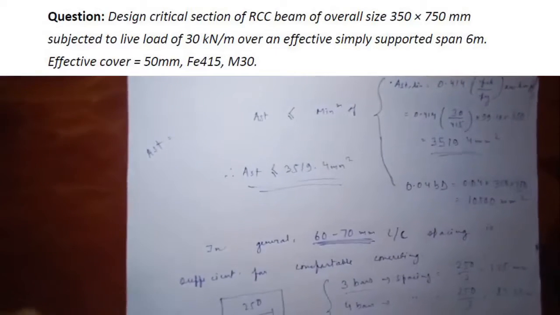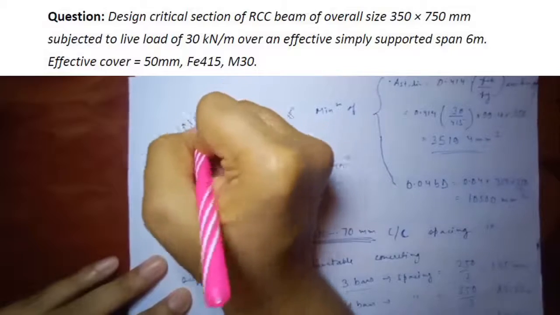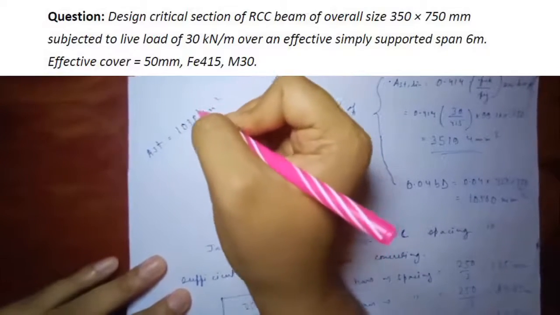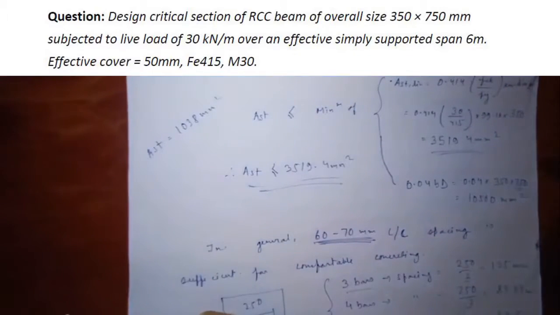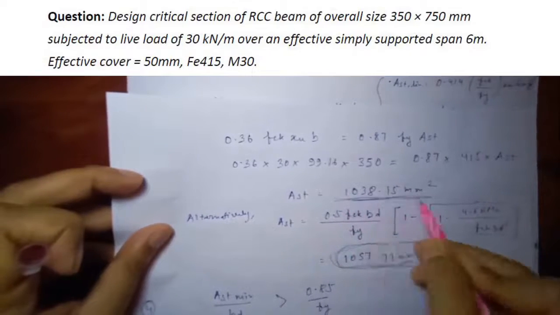So seeing the area chart which I had given in the first chapter, by memorizing this, try to guess what bar combinations we can use. Suppose I am taking AST equal to 1038 mm square. That is this one. This is our AST.